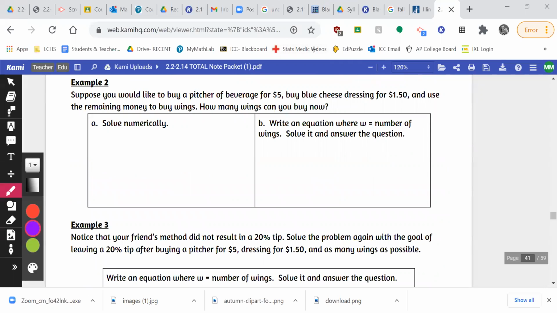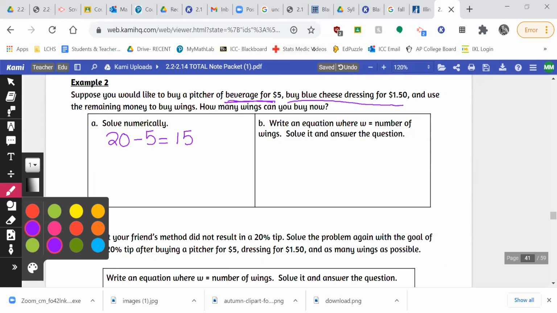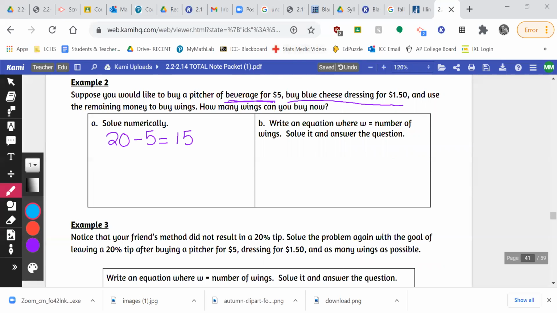Suppose that you would like to buy your pitcher for $5. You also want to buy blue cheese dressing for $1.50, and then use the remaining money to buy wings. So in this situation, I'm first going to take away the $5 for the pitcher. And then I'm going to take away $1.50 for the sauce.